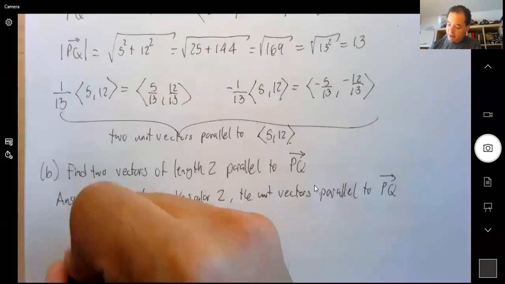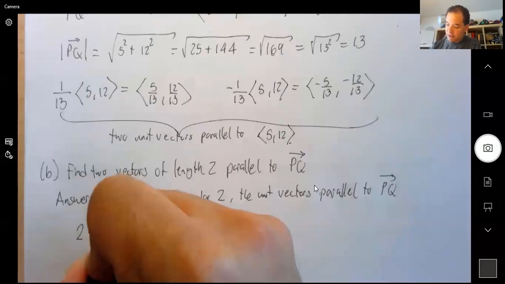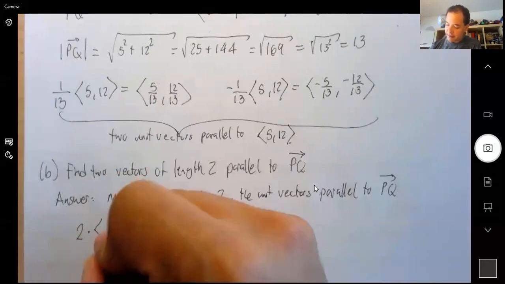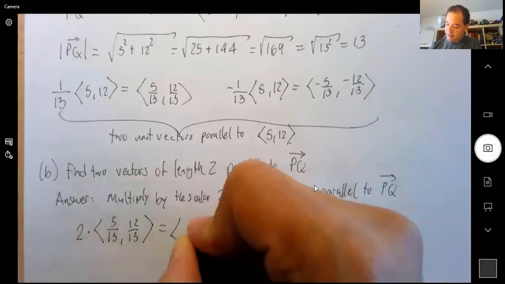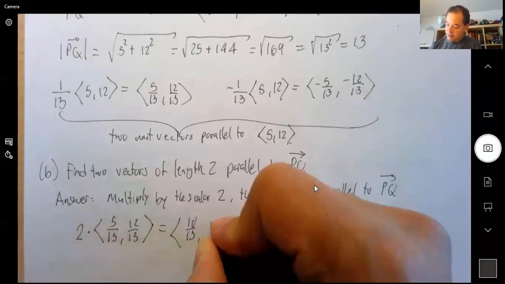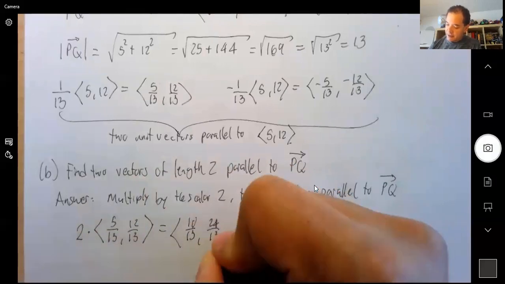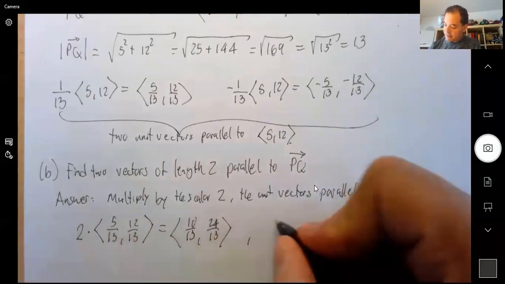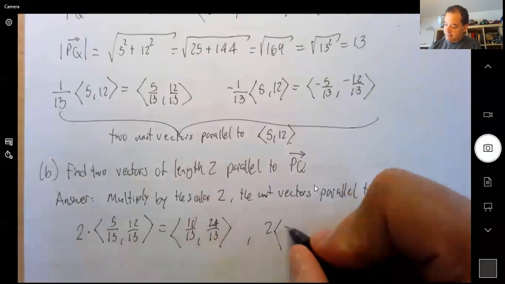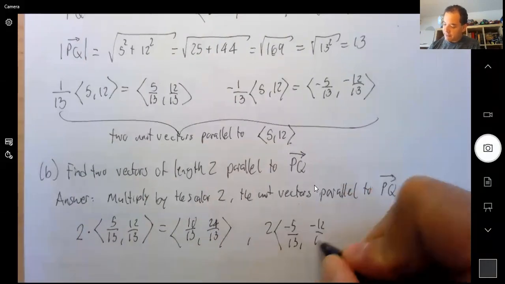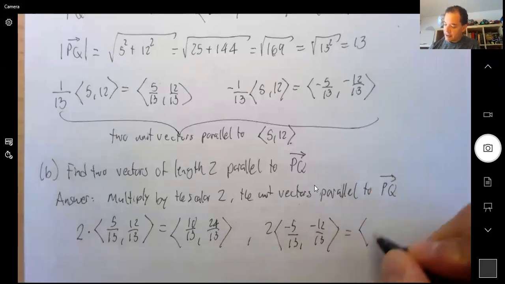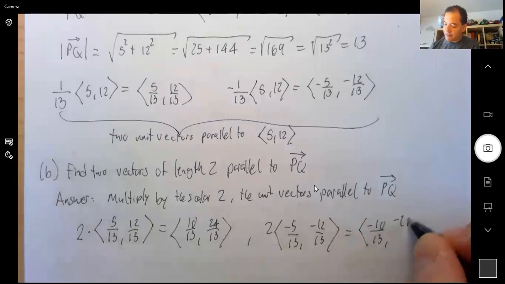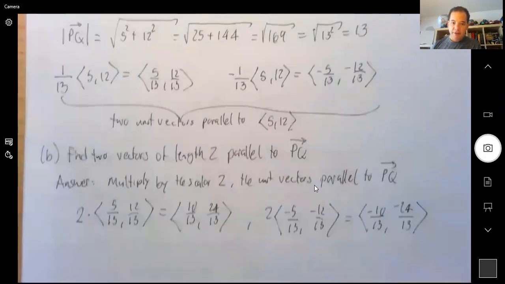In one of them, we take 2 and multiply it by the vector that we calculated last time. So the answer will be 10/13, 24/13. And that's one, and the other is this one, which is just the negative of the first one, right? You don't need to recalculate everything. You can simply take the negative of the original one, and that would give you the other one that you want. All right? So that's the answer.